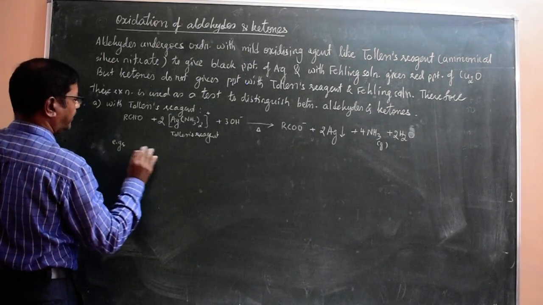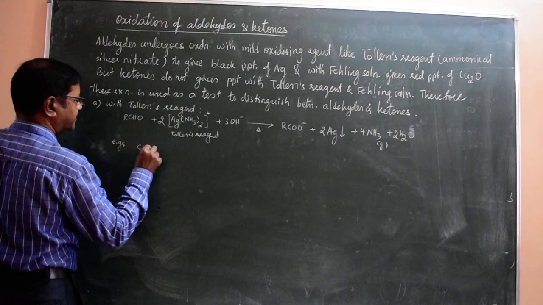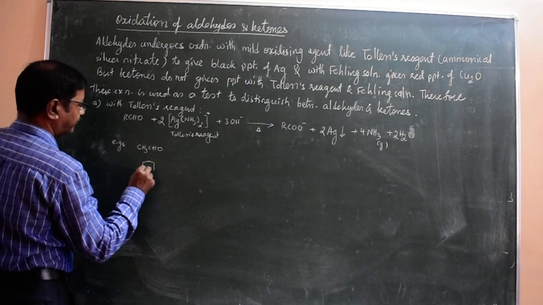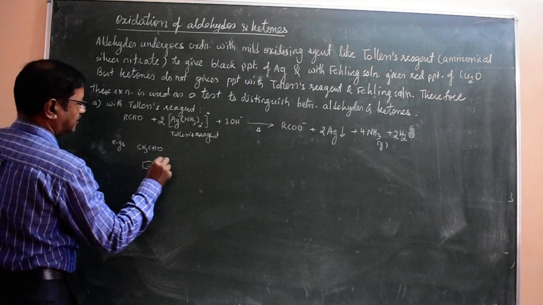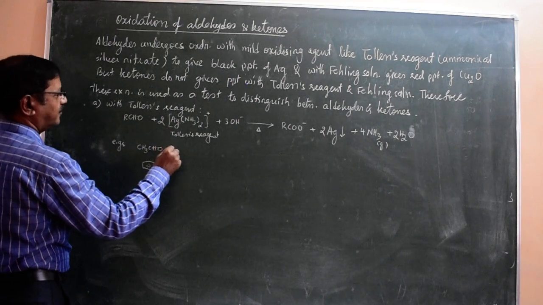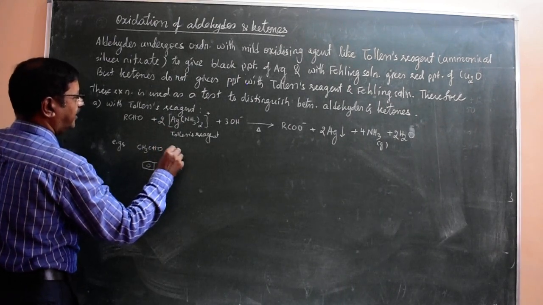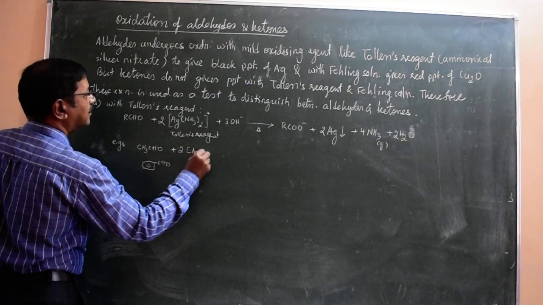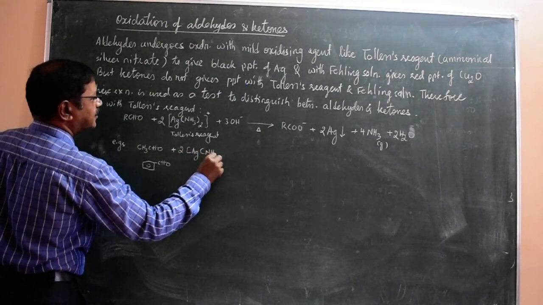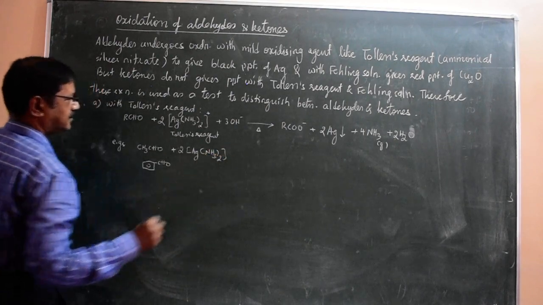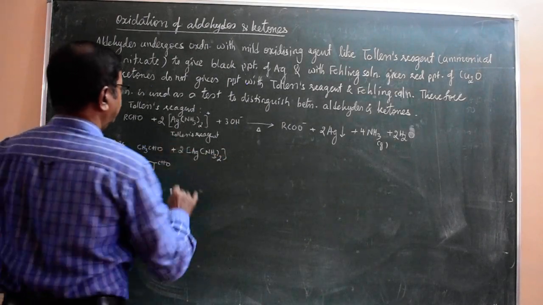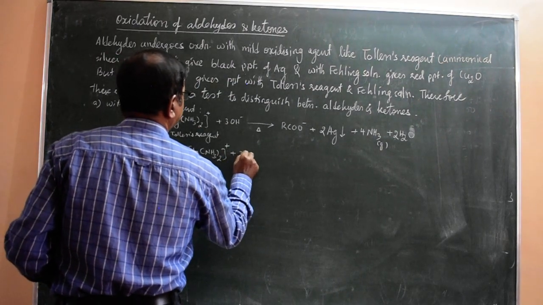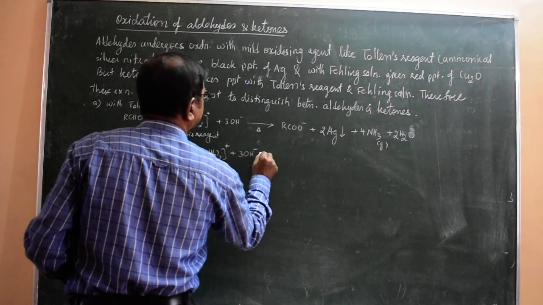Examples, we can write aldehydes, CH3CHO. We can write benzaldehyde. Usual reaction, it's a plus. I am writing for this one. It's 2 Ag(NH3)2, it's a complex form of the silver. We have a charge on this, the positive charge, plus 3OH minus aqueous.